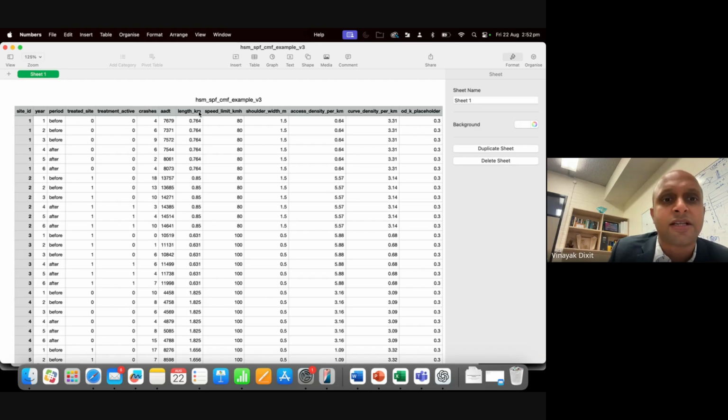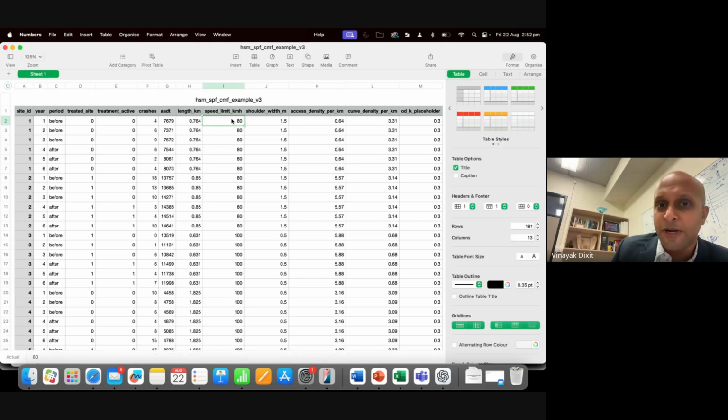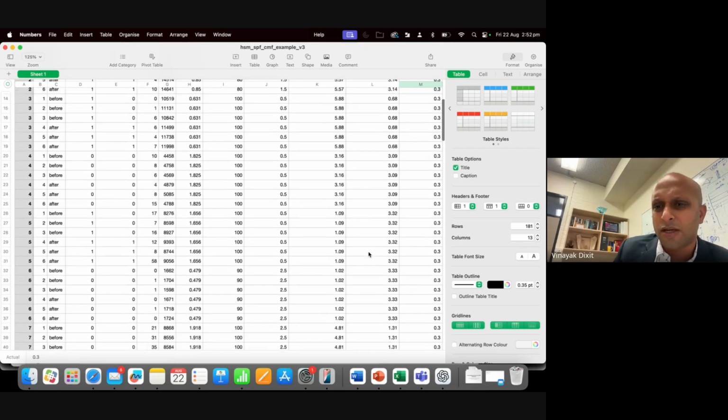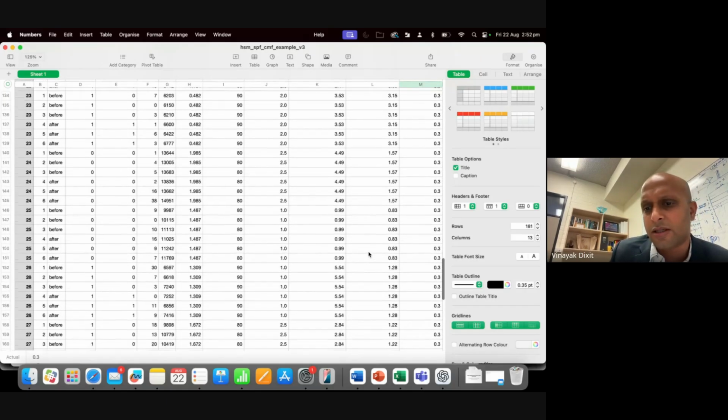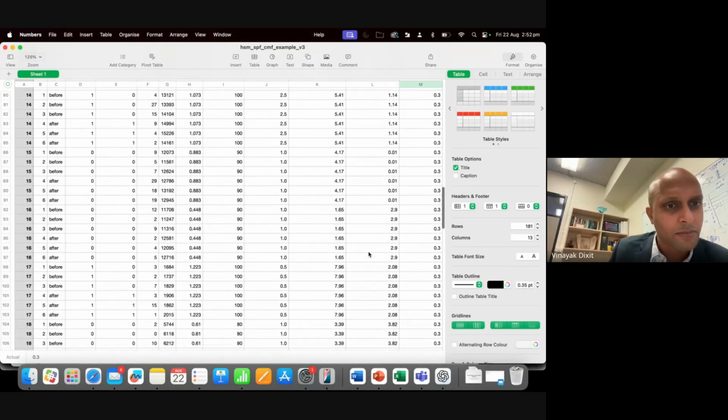How many crashes are there? You have ADT, length in kilometers, speed, shoulder width, access density, and so on. This one is just a placeholder, pretty much constant at 0.3.